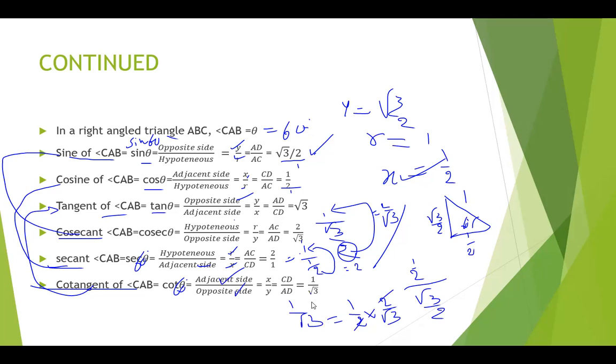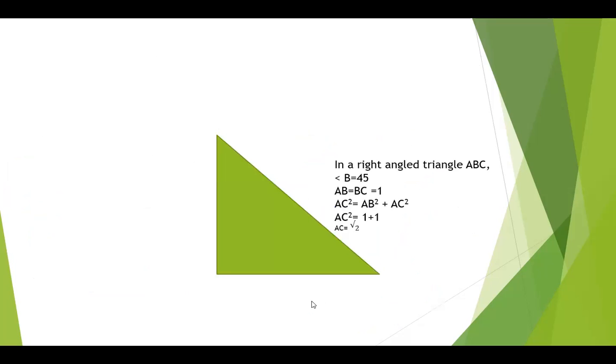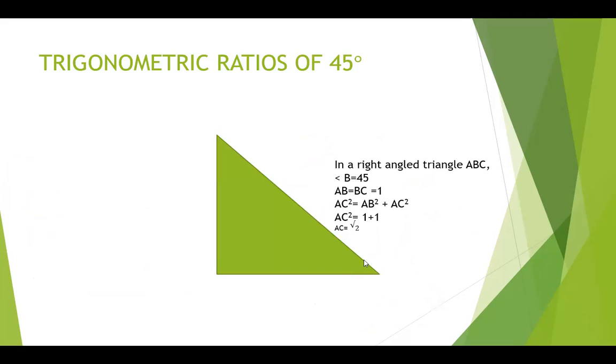Next, I consider if the angle, our reference angle is 45 degree in a right angled triangle. In case this angle A, B, C is a right angled triangle, then this angle C is 90 degree. Here you can notice. If my reference angle is 45 degree, remaining angle, this is also 45 degree.